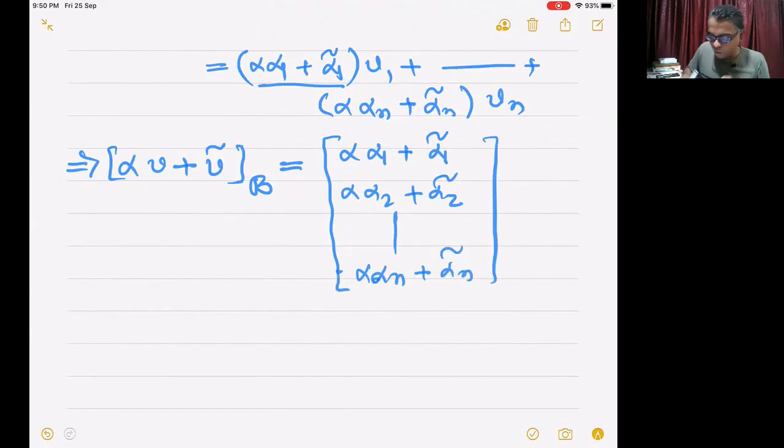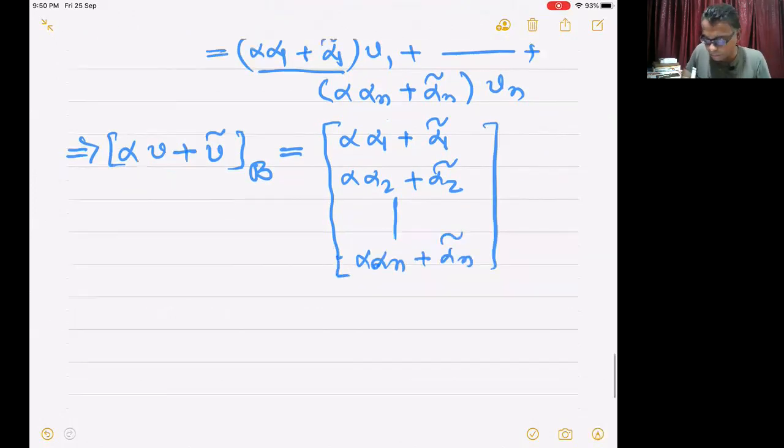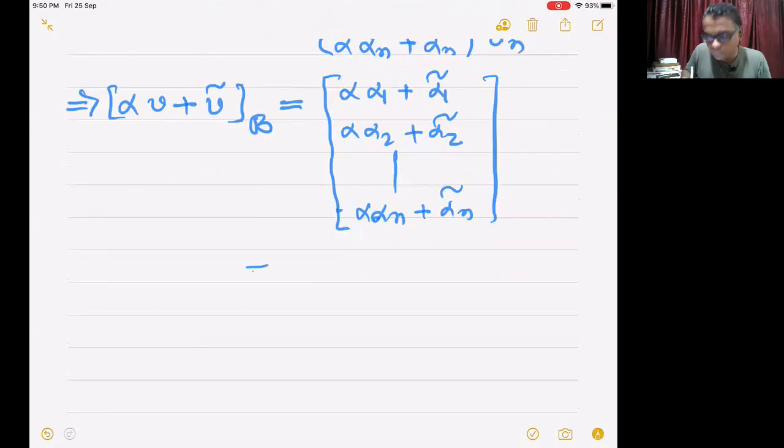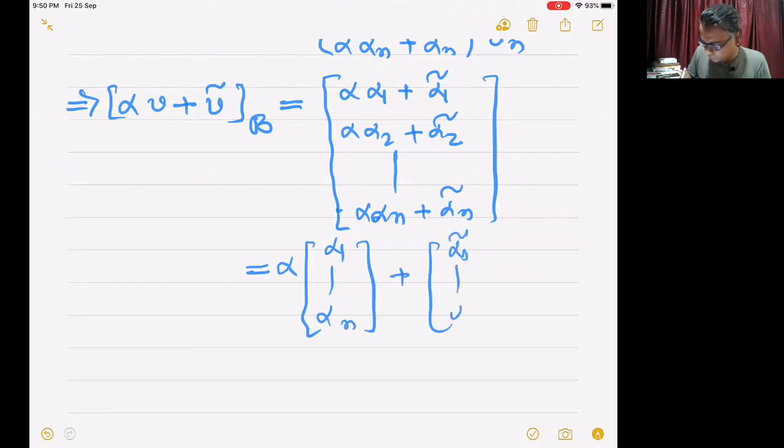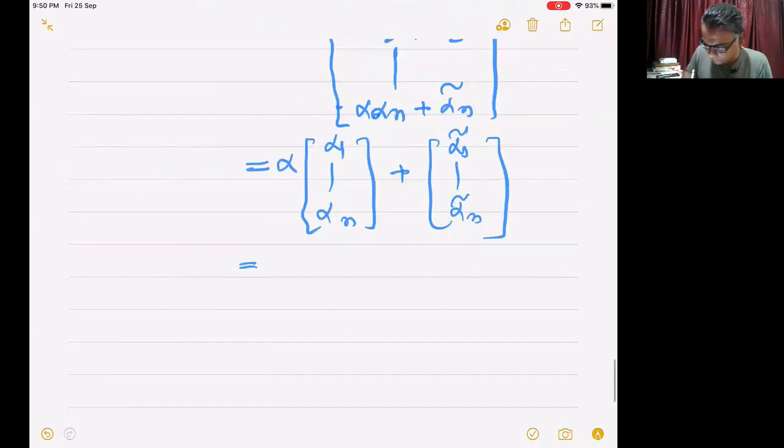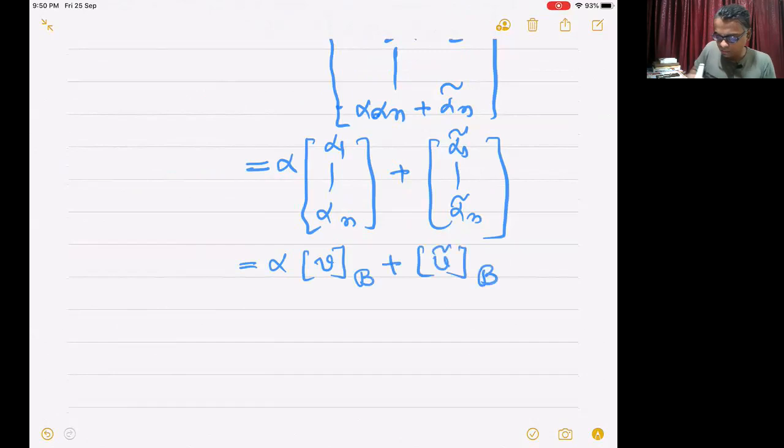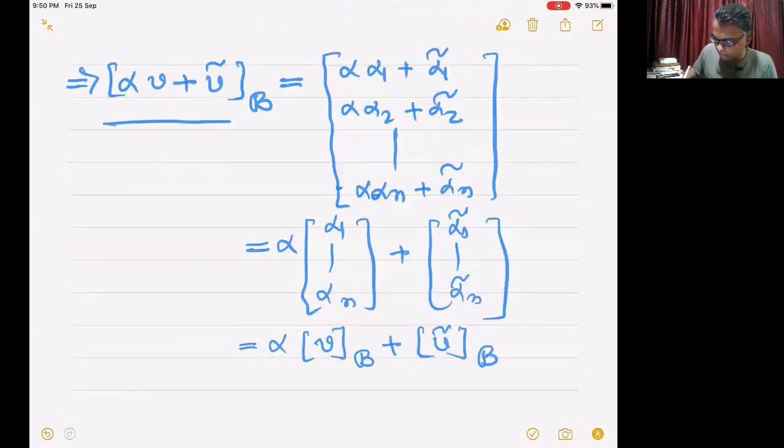From the rule of vector addition and scalar multiplication of tuples of numbers, this is nothing but alpha multiplying (alpha 1 up to alpha n) plus (alpha 1 tilde up to alpha n tilde), which is alpha times v's representation plus v tilde's representation.